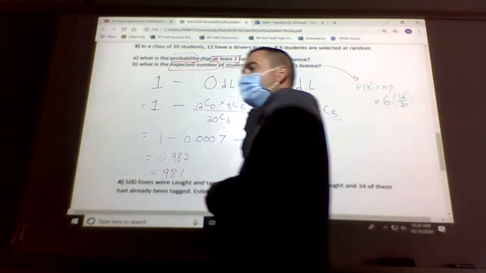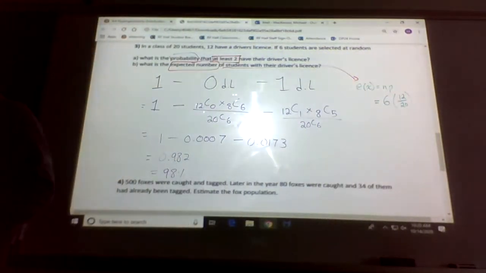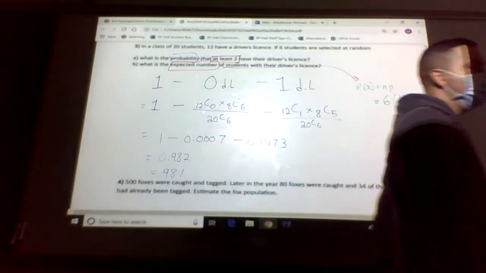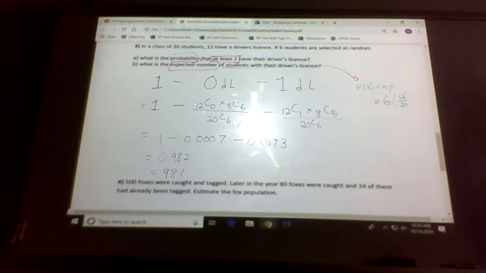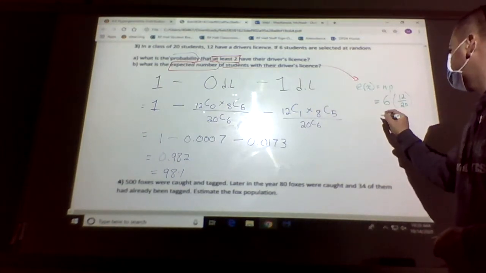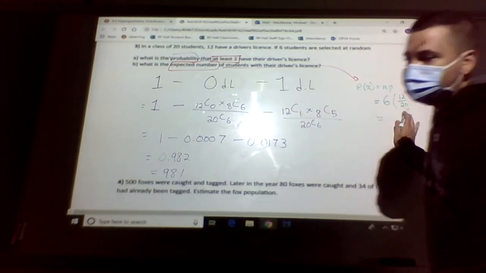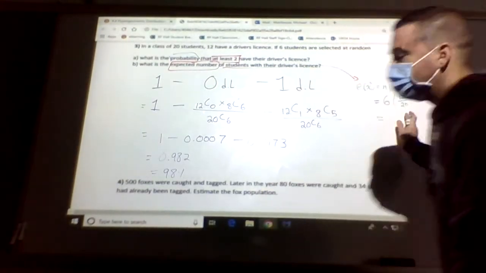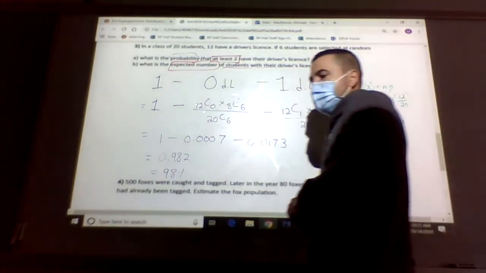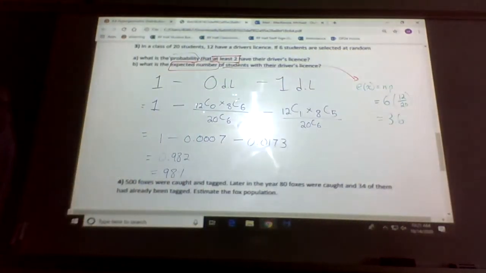So 6 students, the probability of having a person with a license is 12 out of 20. From my notes, 3.6. So on average, if I were to pick 6 students from the class of 20, 3.6 of them will have a license.